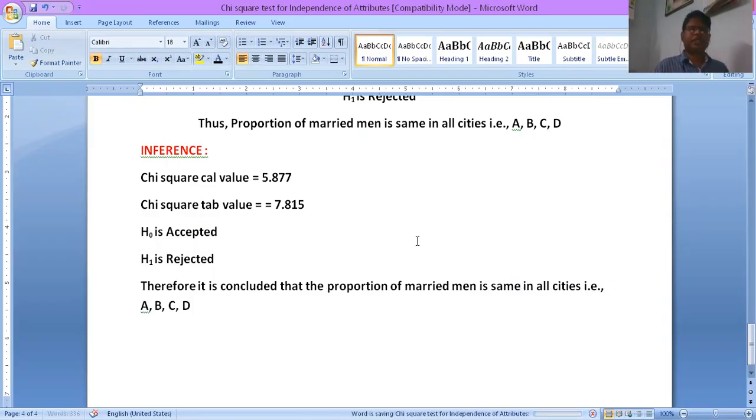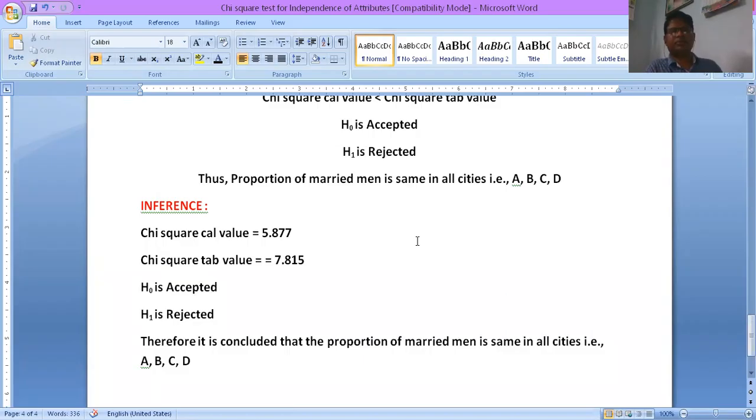Chi-square calculated value obtained is 5.877, tabulated value 7.815. H naught is accepted, H1 is rejected, and therefore it is concluded that the proportion of married men is same in all cities.